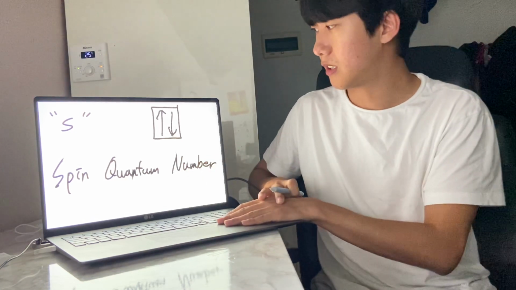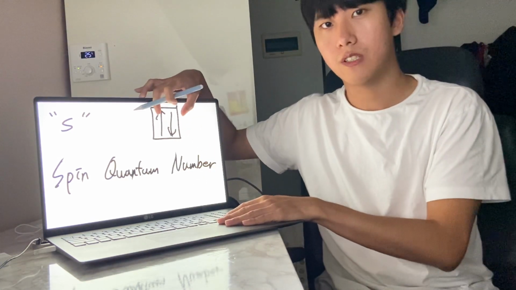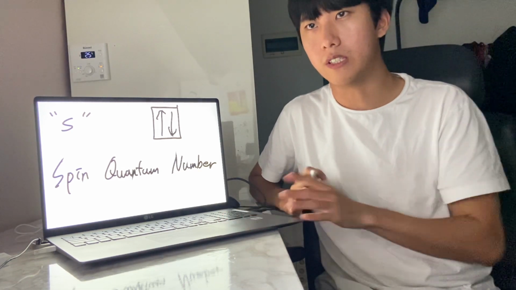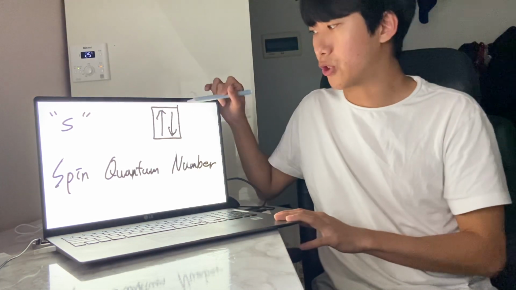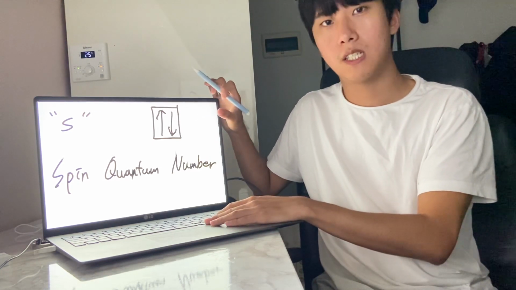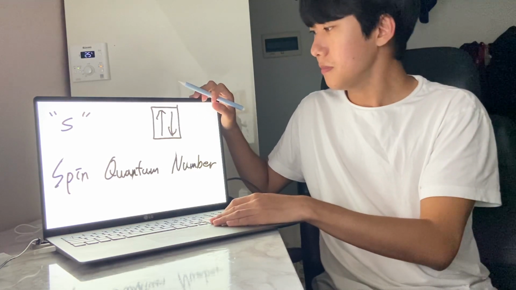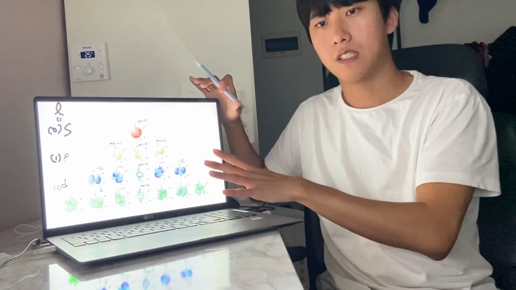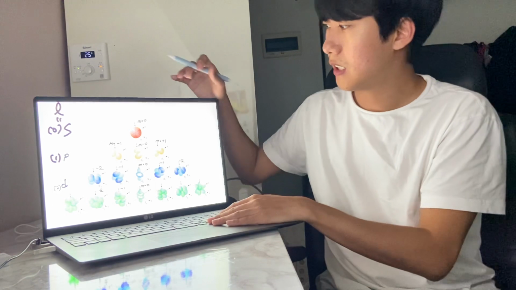For example, in one state two electrons can be used with different spin states. So that is the result of our concept.